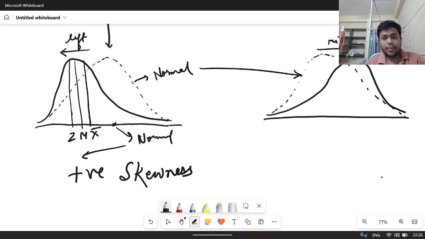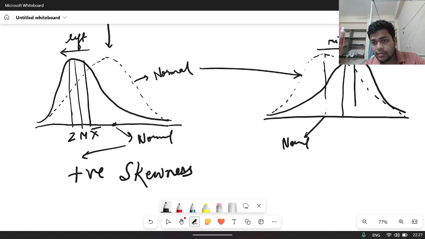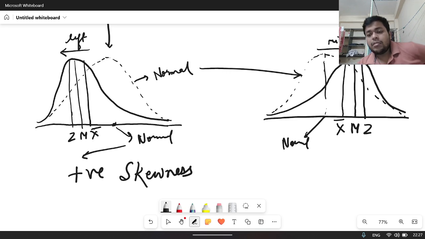This is the new term you are getting. In the normal case, the mean, median, and mode will be somewhere here. In positive skewness, the mean, median, and mode have shifted towards the left. That's why the graph is towards the left.